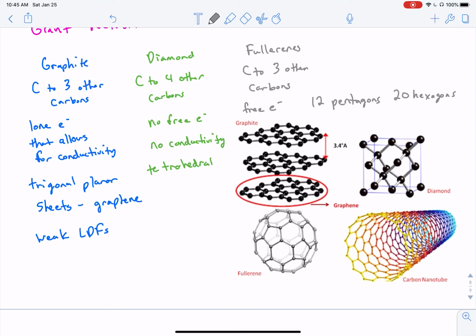I guess they could ask you to sketch it out very generically, but I think they're more likely to ask you to describe it. If you really want to know the name of the fullerene, it's called a truncated icosahedron, but you don't need to write that down. It's C60.